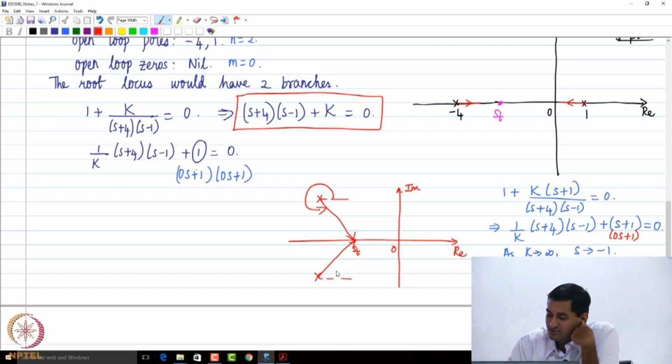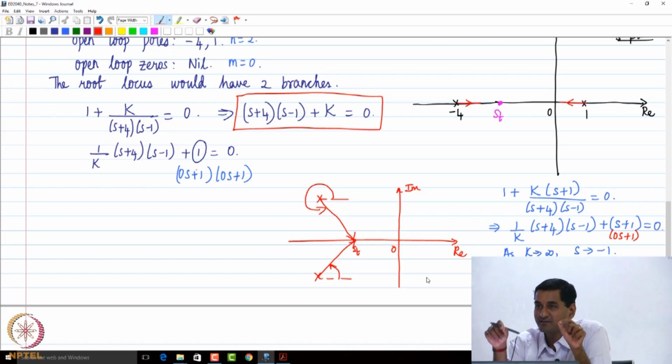What is the angle contribution from the other? It is this. So what do you think will be the sum of the angle contributions of these two vectors? Depending on how you look at it, either they will cancel off, or it will become either 0 degrees or plus or minus 360 degrees, depending on how you count. But certainly it's not going to matter as far as locating points on the real axis is concerned.